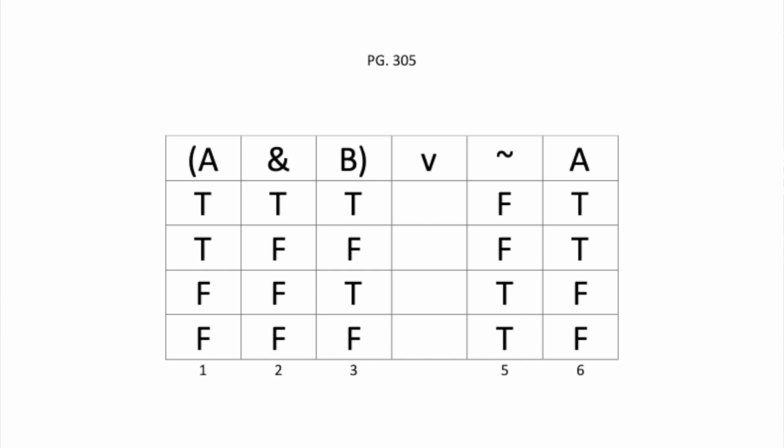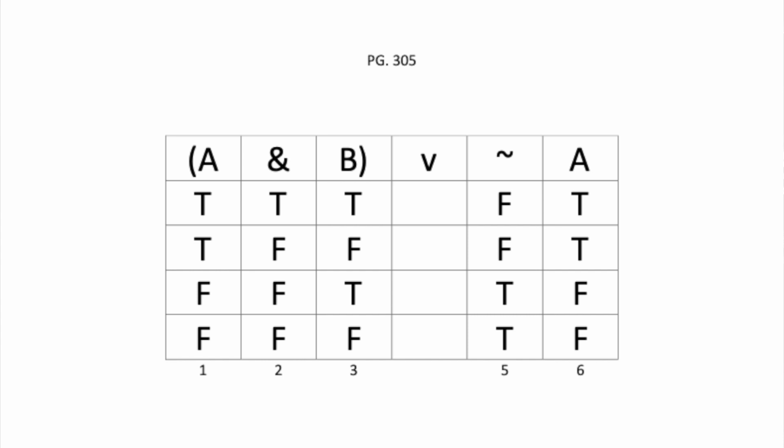Now, if we look at the truth values in columns 1 and 3, sometimes they're the same, sometimes they oppose. In the very first row, A is true and B is true. We know that according to the conjunction function, if both conjuncts are true, the conjunction as a whole is true.